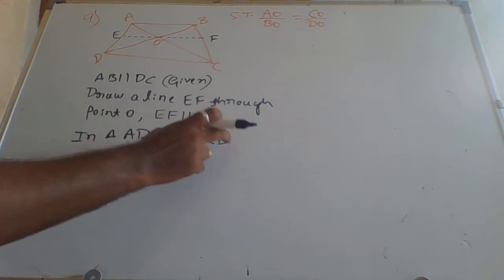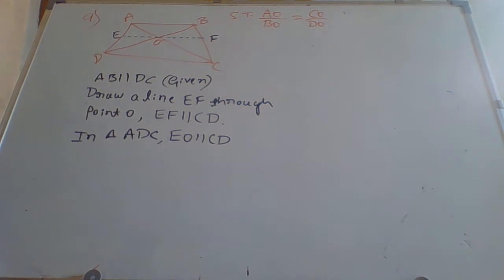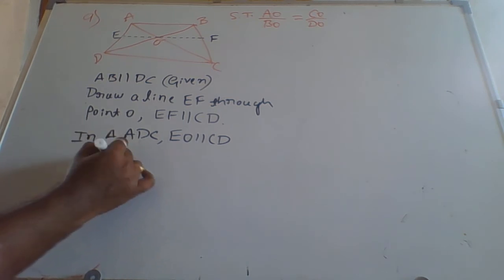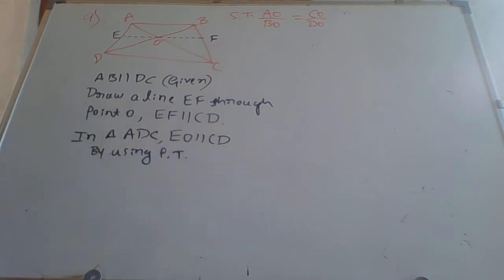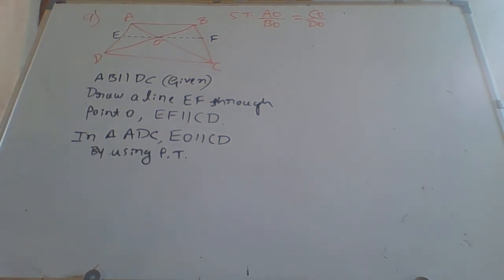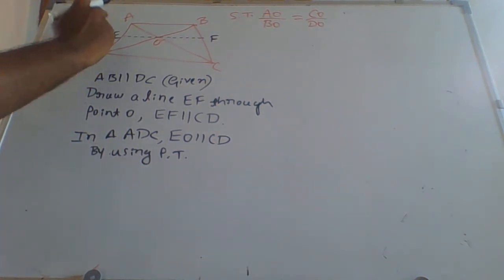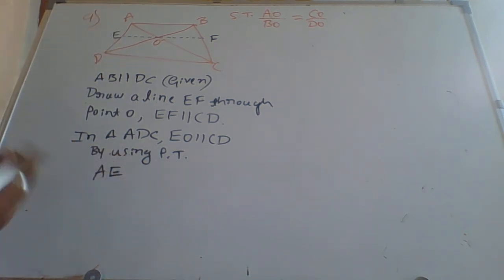If OE is parallel to CD, then by using the proportionality theorem, what can you write? Here you should write by using the proportionality theorem: DE by AE, or here I will write AE by DE. You can write it in both ways.